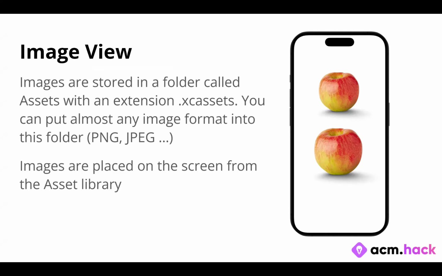Basically, you would just put any image, in any image format like PNG, JPEG, into that folder, and then Swift will take care of that for you. And if you want to display it on your screen, you just take that from the assets library and put it on your screen. So here we have two images of apples.